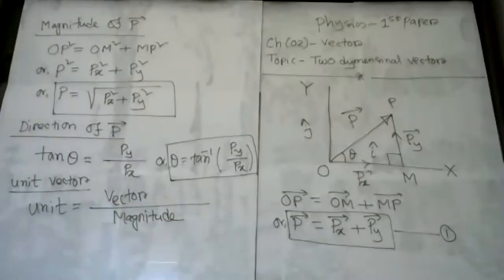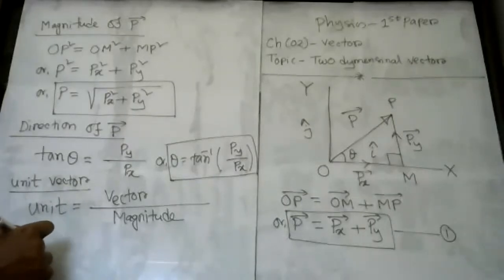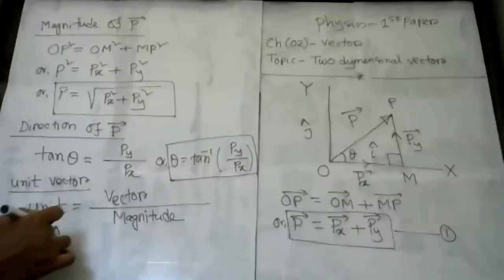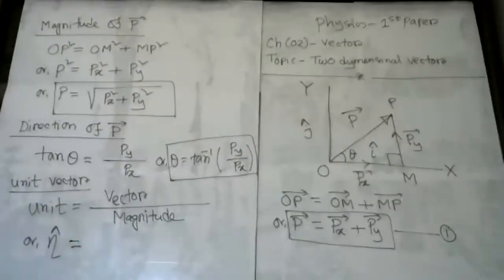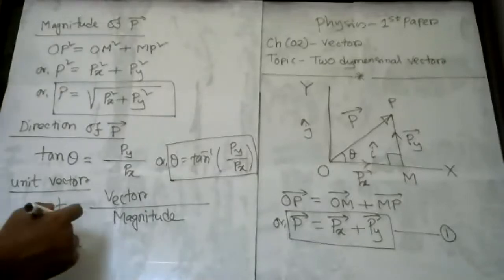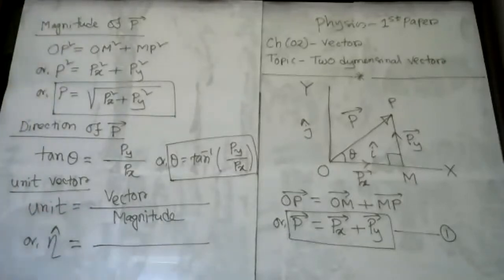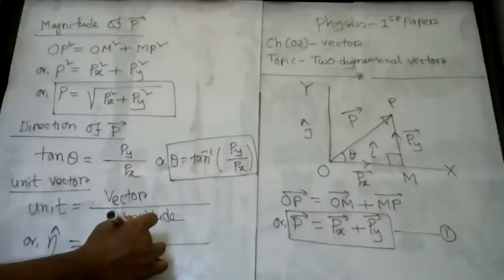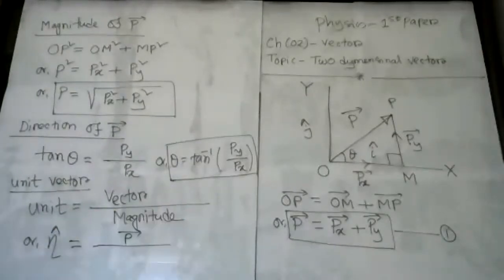The unit vector is denoted by eta hat. This symbol is known as eta hat or eta cap. It will equal the vector, which is vector P, divided by its magnitude, suppose only P.